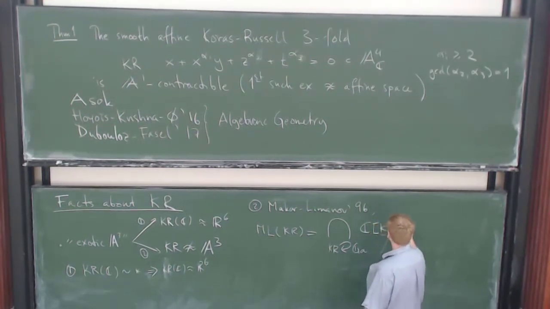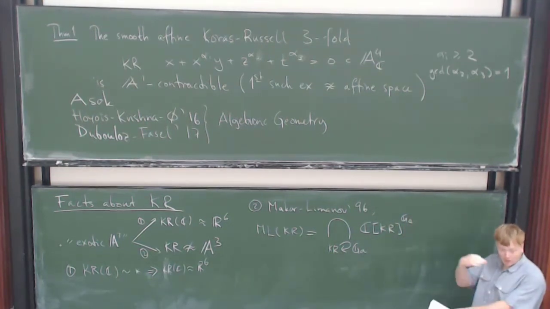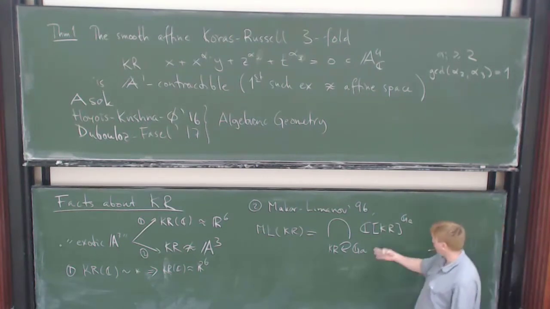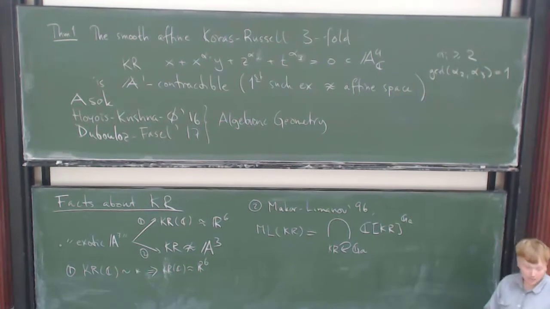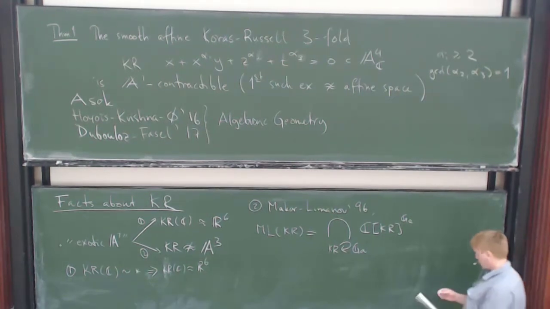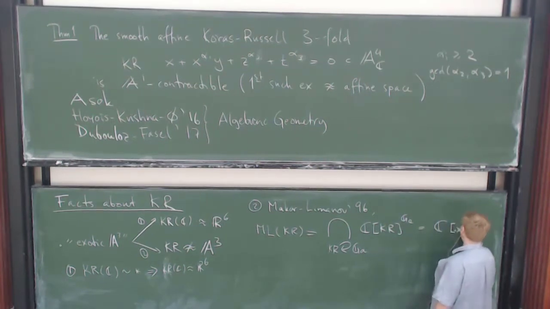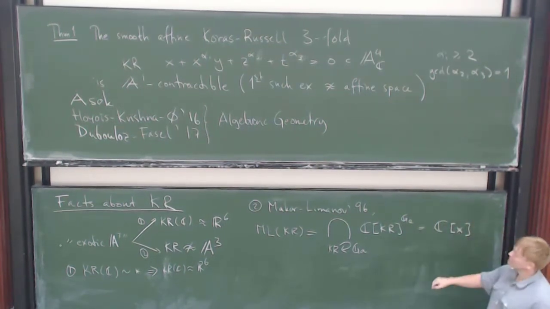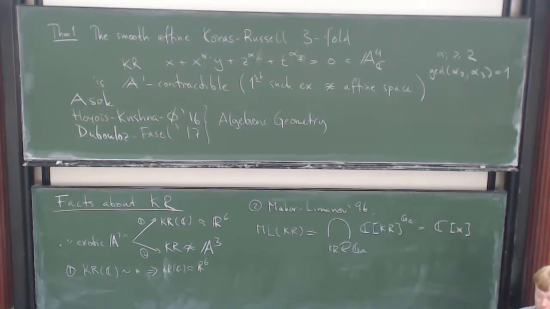As Makar-Limanov proves, this turns out to be a polynomial ring in the variable x. And this x is really the x that appears in the definition of the Koras-Russell threefold.